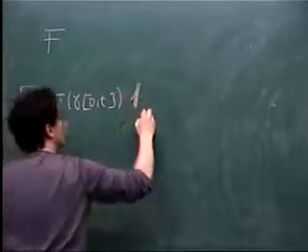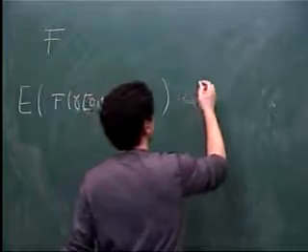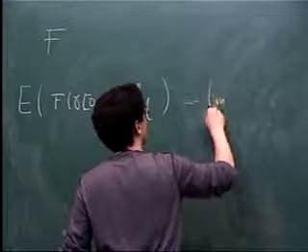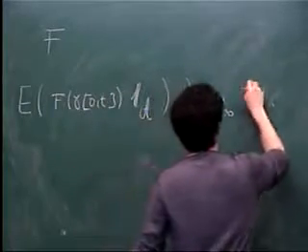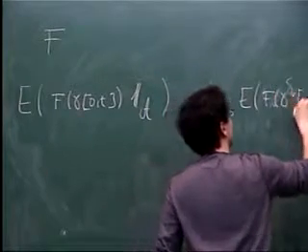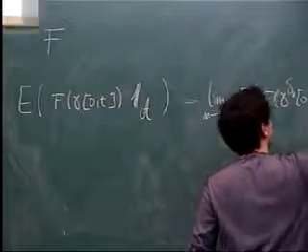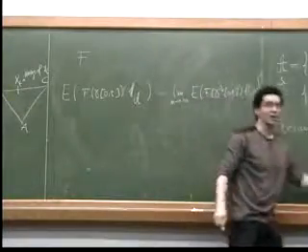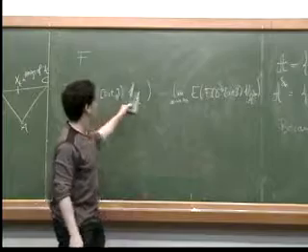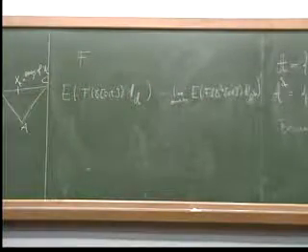indicator function of A. By just dominated convergence or bounded convergence, you get that this is the limit when n goes to infinity of the expected value of f of gamma delta n up to time t times the indicator function of A delta n. So you use just this and the fact that this converges to this and that f is continuous and bounded.